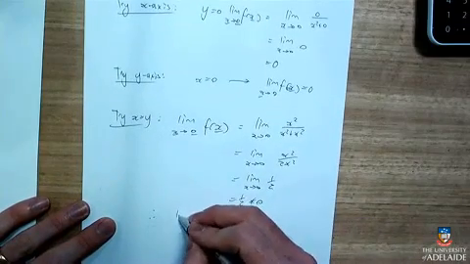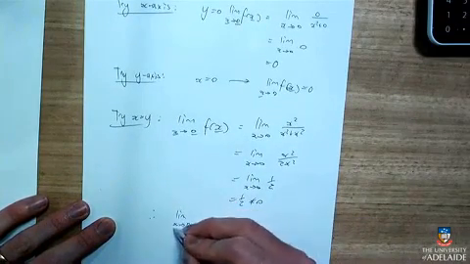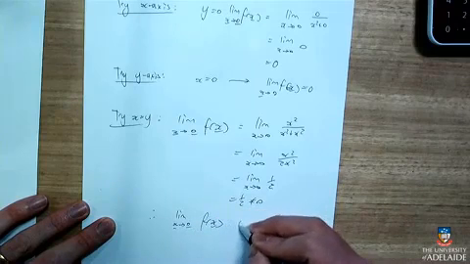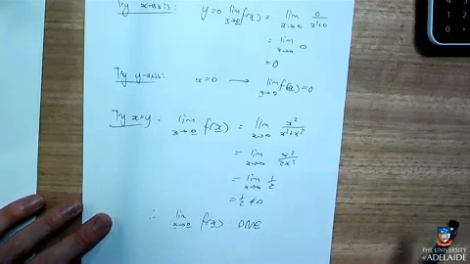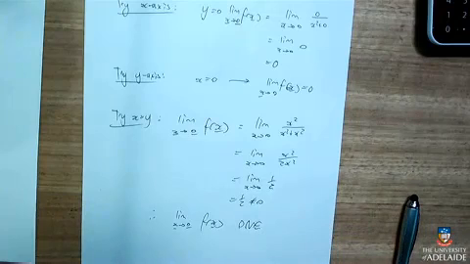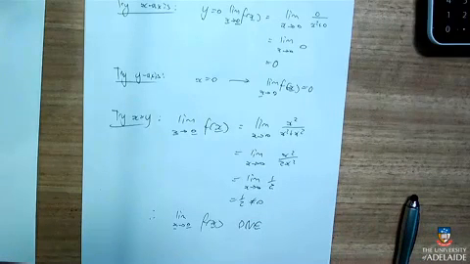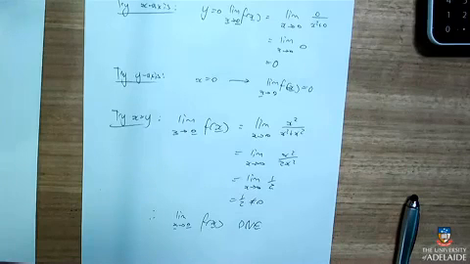So therefore, the limit as x goes to 0 of f of x doesn't exist. There we go. I was going to use polar, but I didn't have to. That's why you should always do 3. I always do those 3. And then if they start to work, then I'll go, oh, well, I'm going to try polar.